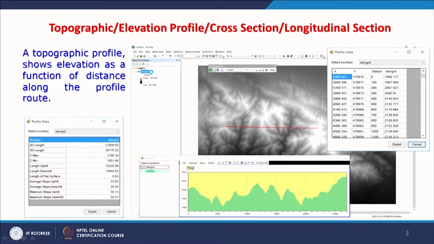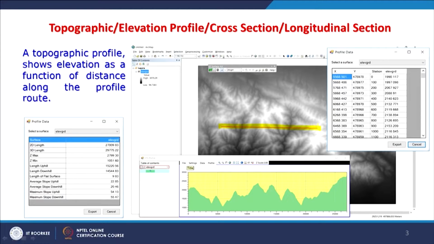Now, what you are seeing is a topographic profile along this straight line shown with the red color I have just highlighted. In any software you can find a tool for that, and then you can draw a cross section or topographic profile along a straight line very easily.